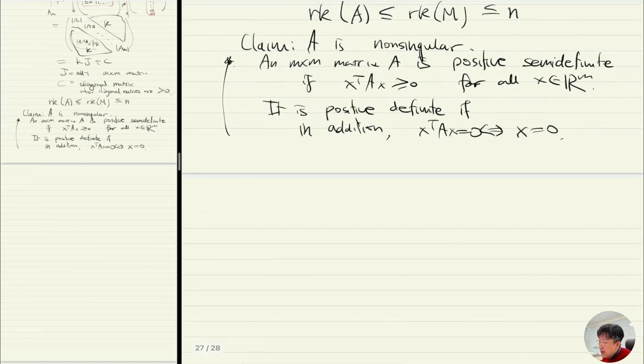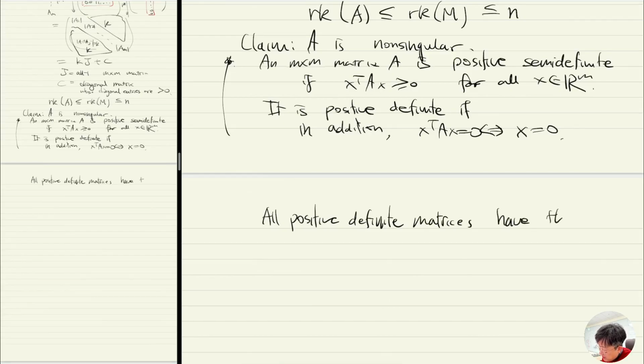And here's the thing: all positive definite matrices have full rank. Why?